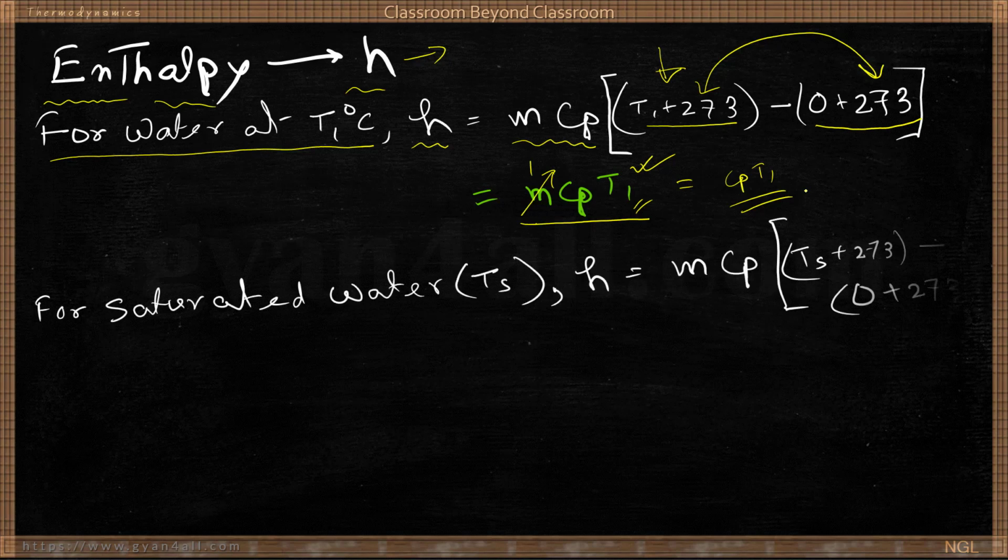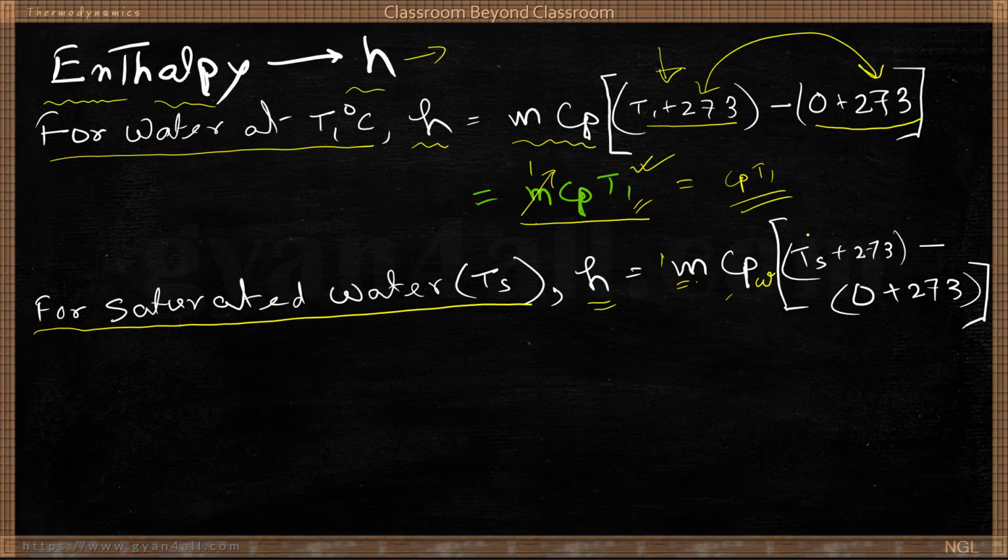Now for saturated water, what is saturated water? Water at boiling point, but it is 100% water. Remember, it is 100% water, but the temperature is Ts, boiling point or saturation temperature. That enthalpy is equal to m, definitely it will be 1 for specific enthalpy, into Cp. We can write Cpw, specific heat capacity of water at constant pressure.